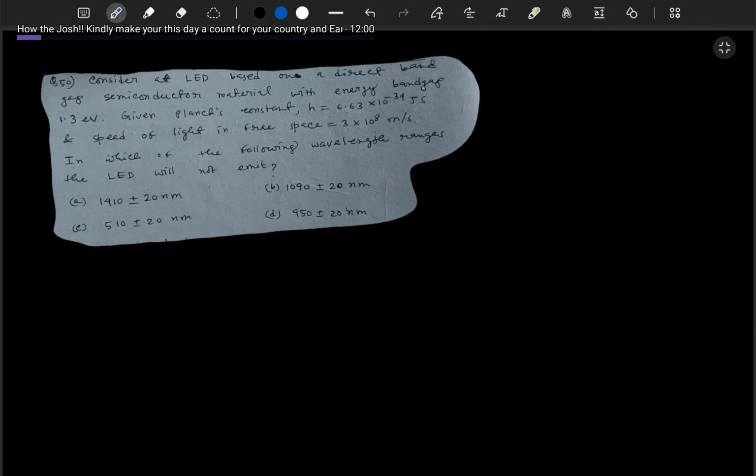Now here, for which of the following wavelength ranges will the LED not emit? This we need to find out.